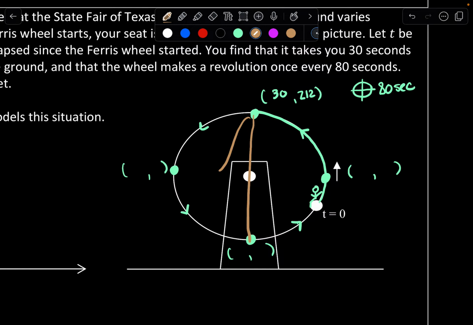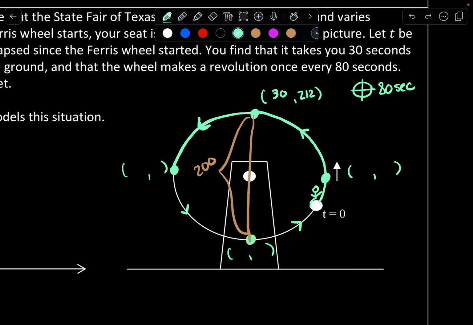So this is 200 feet. Now, if the full diameter is 200 feet, and we continue to revolve around the Ferris wheel, that means when we get to this point here, we are halfway through the circle, passing through the middle part of this particular sinusoidal application.